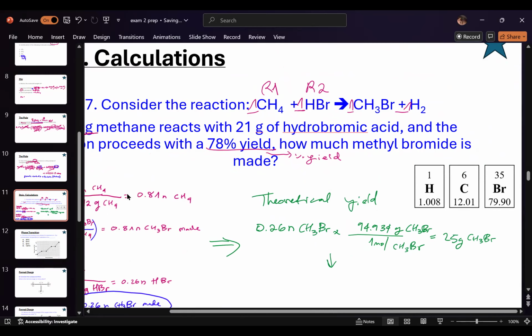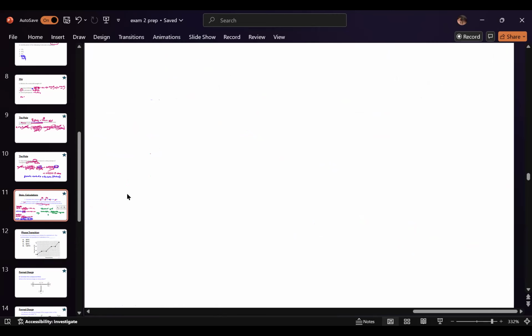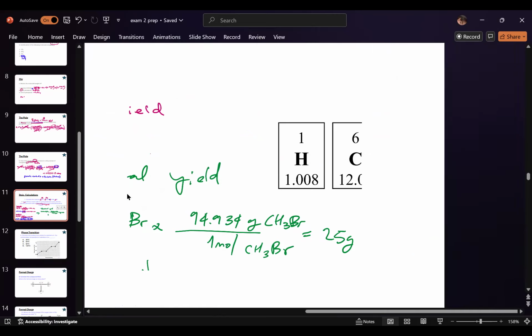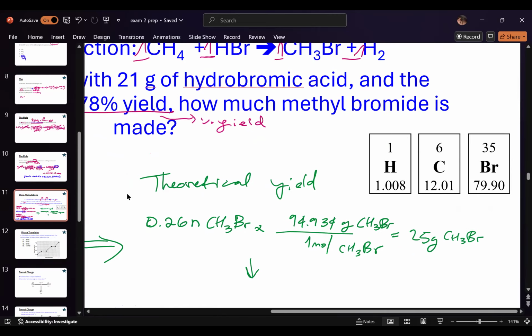Okay, I need to explain something before I move on to the last step. If the percent yield of the whole reaction was 100%, it means that you made 100% of your product. This will be our answer: 25 grams of methyl bromide was made if there was a 100% yield of the reaction.